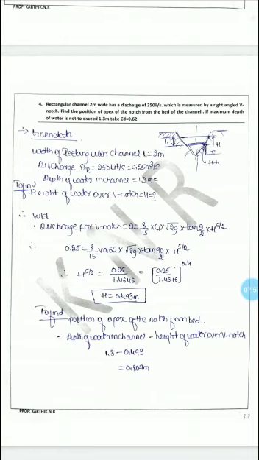Substituting the values of Q and CD, we get H value as 0.493 meter. This is the depth of water over the notch. To find the apex position from the bed, we take the total depth of water in the channel, 1.3 meter, minus the height of water above the V notch, 0.493, calculated by the discharge equation of the V notch. Therefore, the position of the apex is 0.807 meter. Thank you.